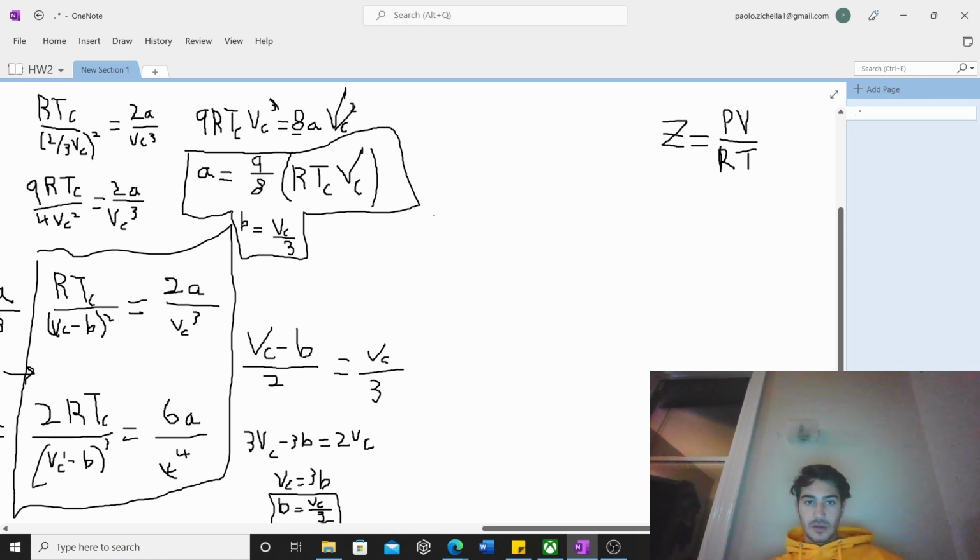So going back to the equation, we know that the pressure, so numerator remains the same, R times the specific temperature at the critical point, all over VC minus B, but this is now just simply 2/3 of VC, right?